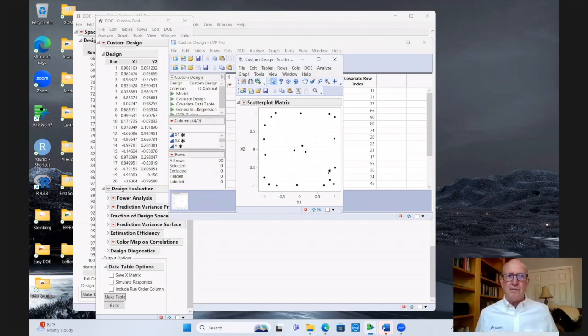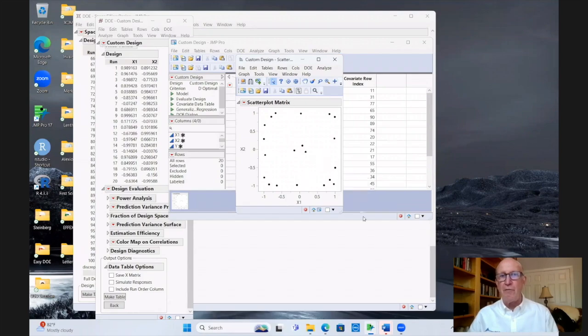As you add more and more runs, you get more and more space fillingness. But this is the kind of thing that you could do when you want to have an off-ramp from the normal way that people often do the analysis of space filling design using Gaussian processes or neural nets, for instance.